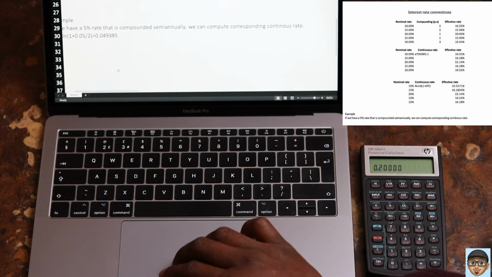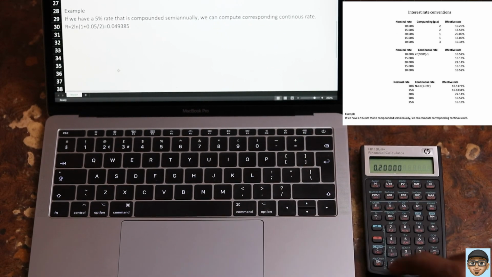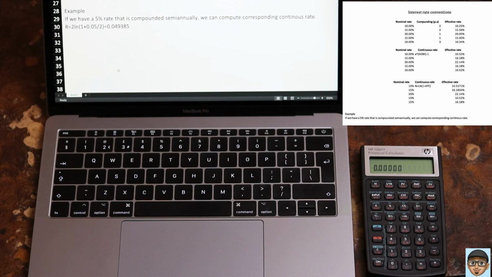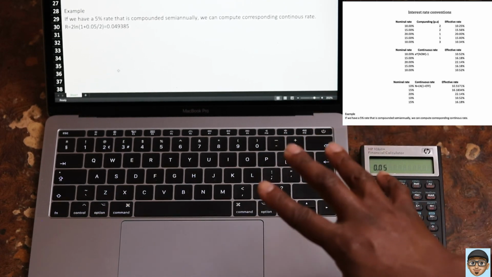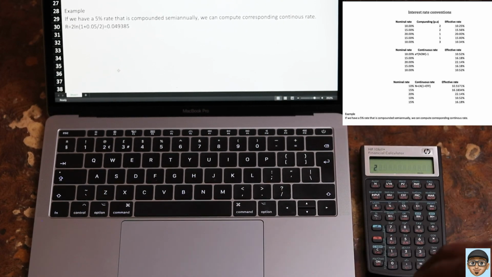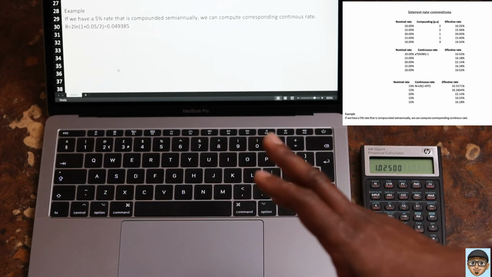Let's move to a very short example which you can have in the exam. It says you have a 5% rate that is compounded semi-annually and you want to calculate the corresponding continuous rate. What you have to do, you punch in 0.05, because it is compounding semi-annually, divide by 2, and the next thing you add 1 as you see on the screen.